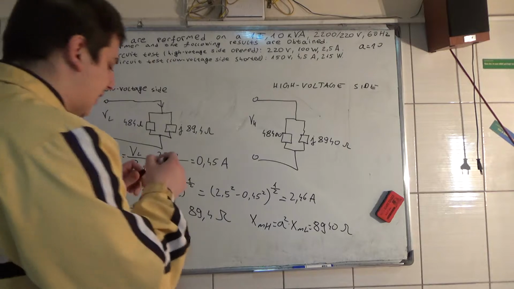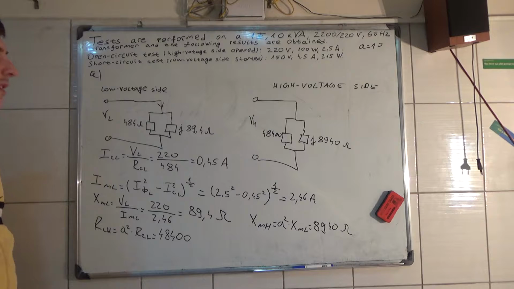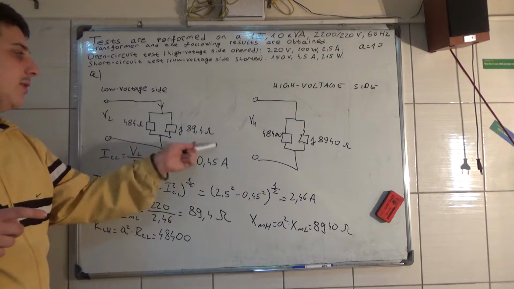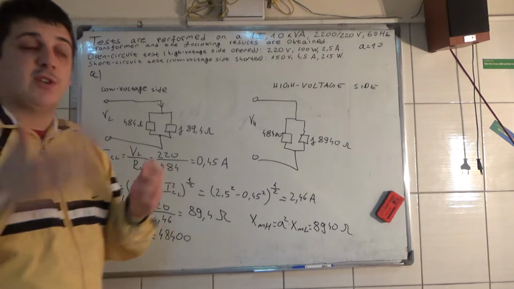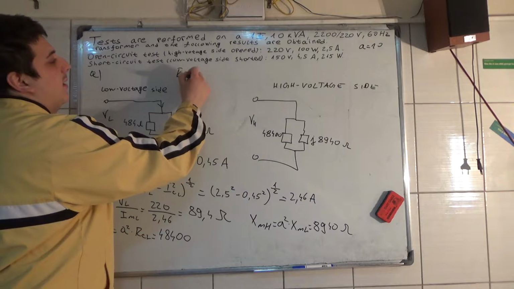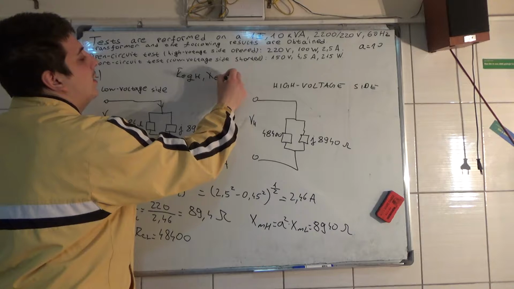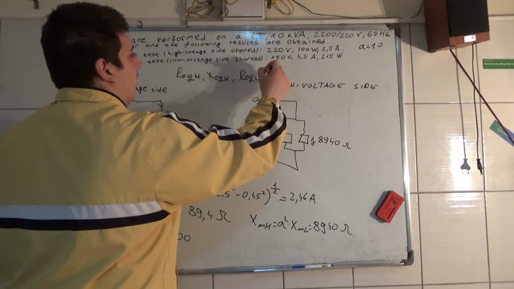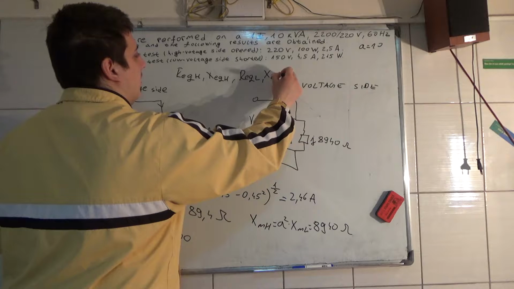Now this is the high voltage side, and we need to calculate the equivalent resistance in this branch here and in this branch here from the short circuit test to determine R equivalent H, X equivalent H, and for R equivalent of the low voltage side and X equivalent for the low voltage side.